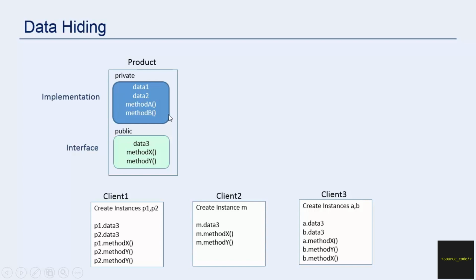These changes may be done to fix some bugs, to change some functionality, or maybe to improve efficiency. Any change in implementation does not affect the client code because the client is not using the implementation part. It is not concerned about how the class is doing its work. It just gets its work done by calling these public methods.